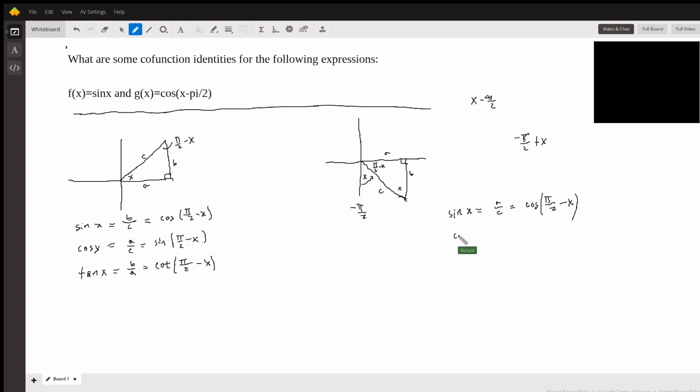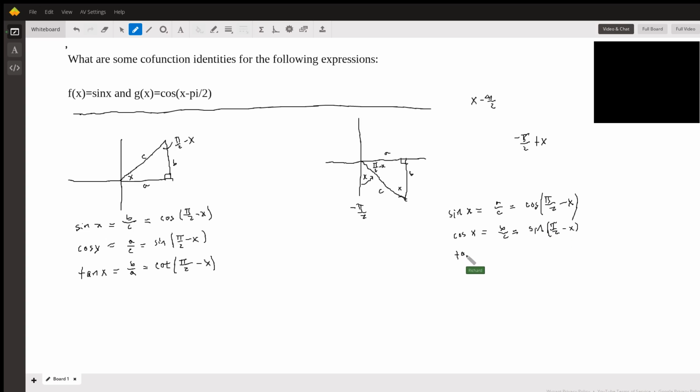And then the cosine of x is going to be b over c, which is going to be the sine of pi over 2 minus x.